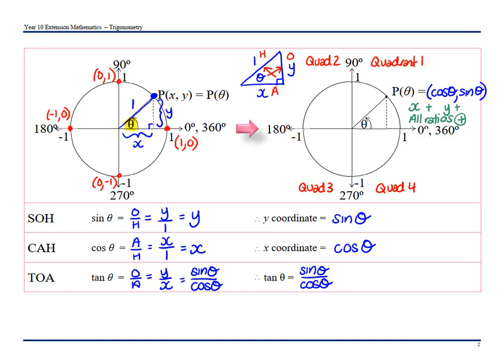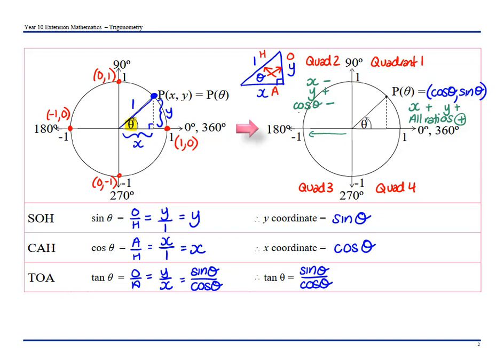If I look at my second quadrant, my x coordinate is negative. Because we're to the left of (0, 0), x will always be negative, but y will be positive. So that means my x coordinate is cos theta, so my cos theta is going to be negative.